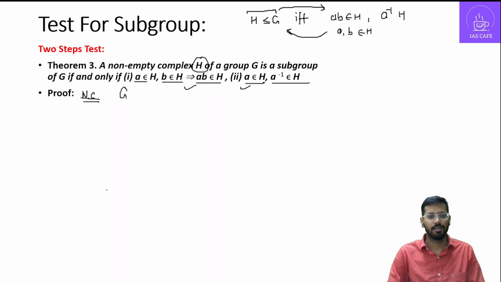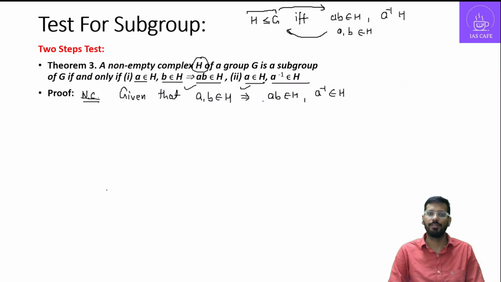Necessary condition: given that for a, b belonging to H, AB belongs to H and A inverse belongs to H. Now we will check the four properties of a group. First is closure property.